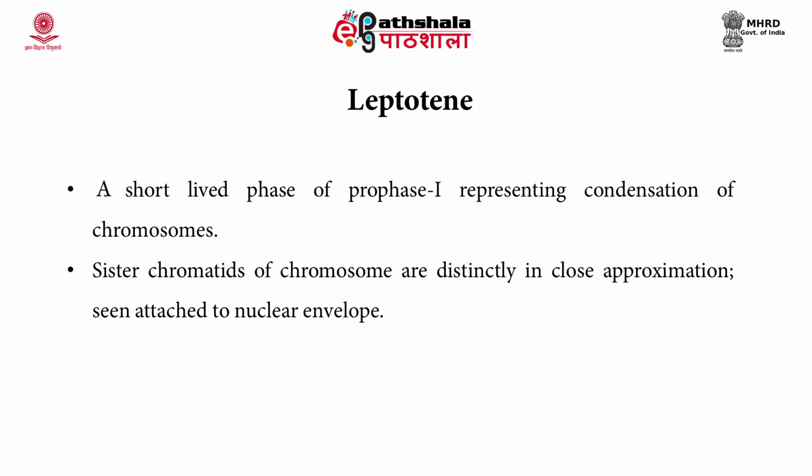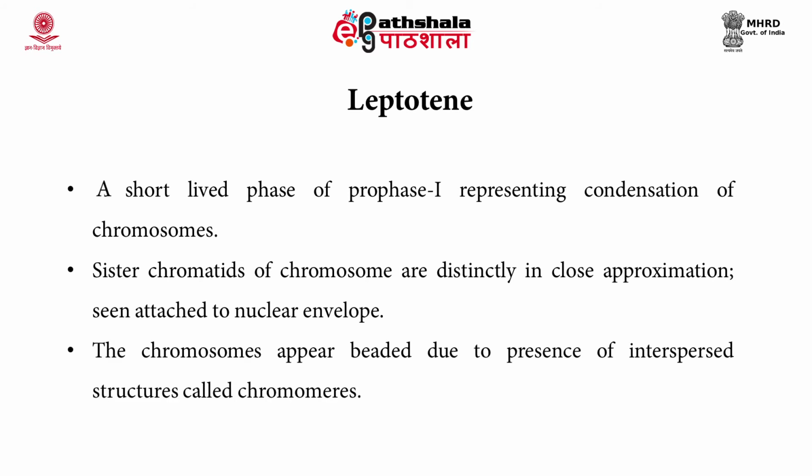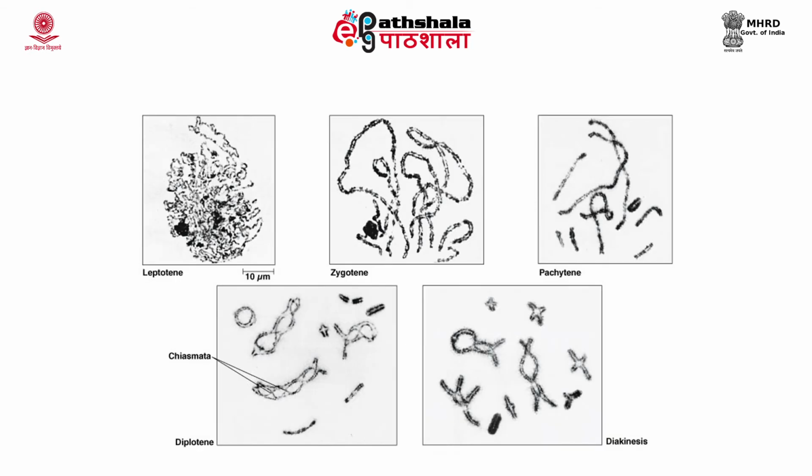Here, sister chromatids of chromosome are distinctly in close approximation, seen attached to nuclear envelope. The chromosomes appear beaded due to the presence of interspersed structures called chromomeres.